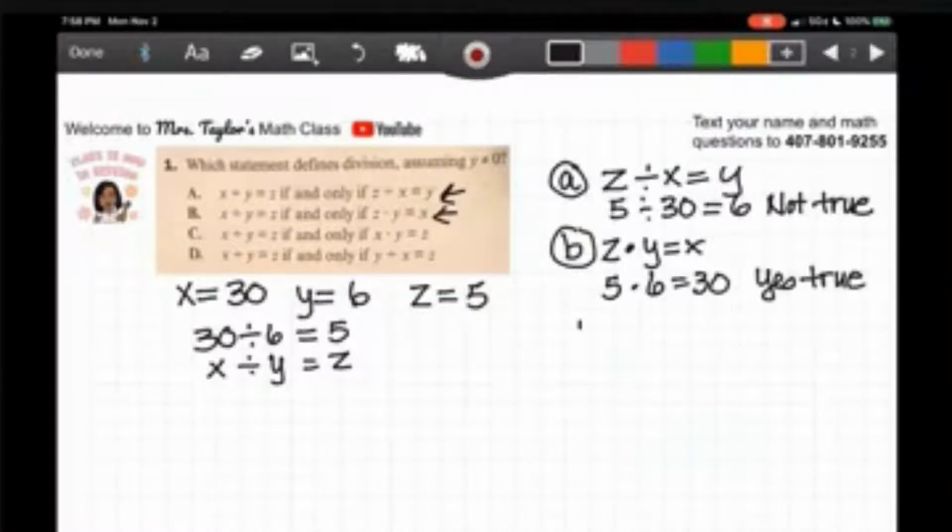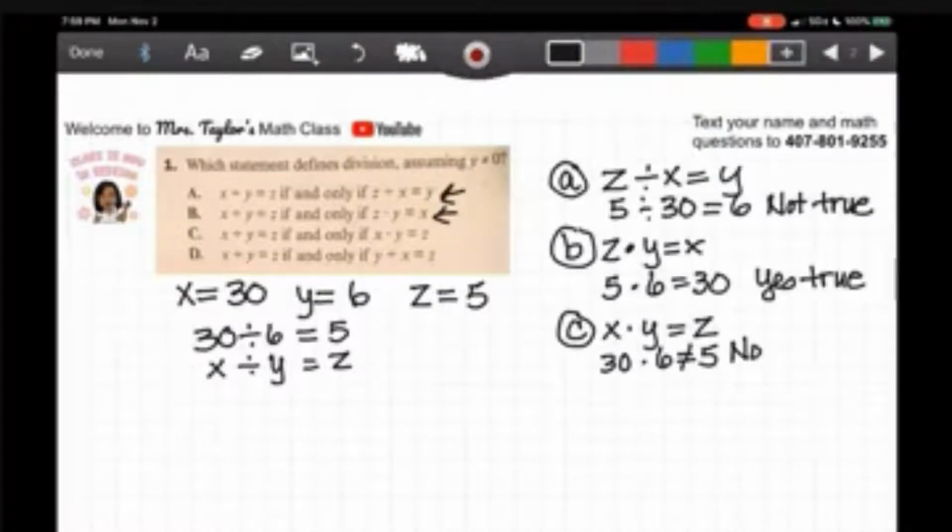But let's look at C and D. For C, you have x times y is equal to z. Does 30 times 6 equal 5? The answer is no. This is not a true statement. And I should put the not equal signs in part A as well.